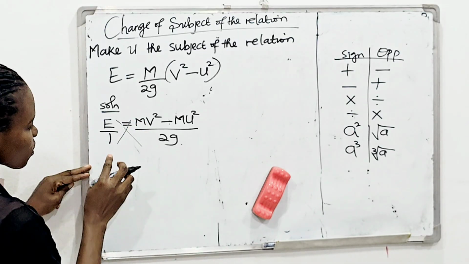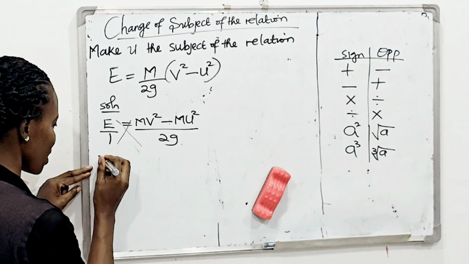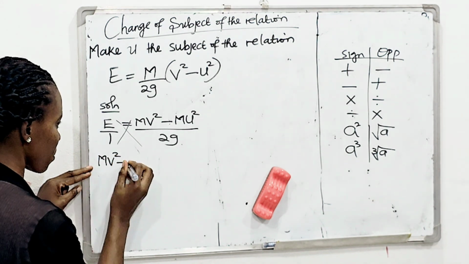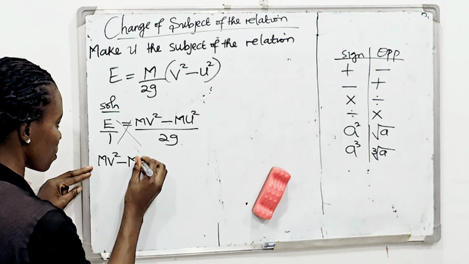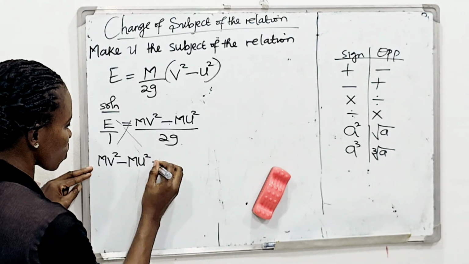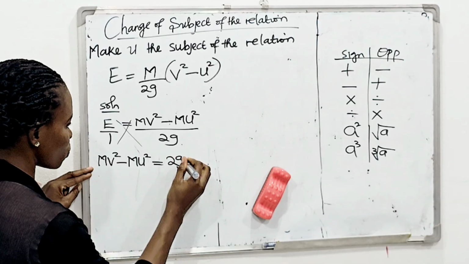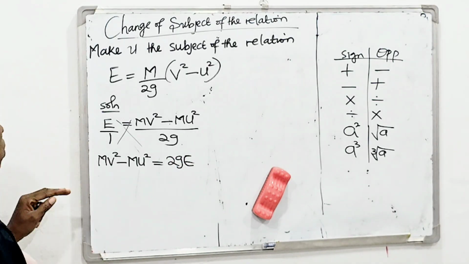If I cross multiply, I have 1 times the whole of this thing will be the same. M V squared minus M U squared, right? Is equal to this times this. I have 2GE. Okay.